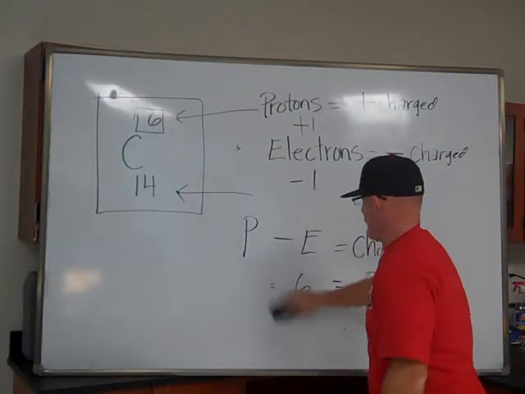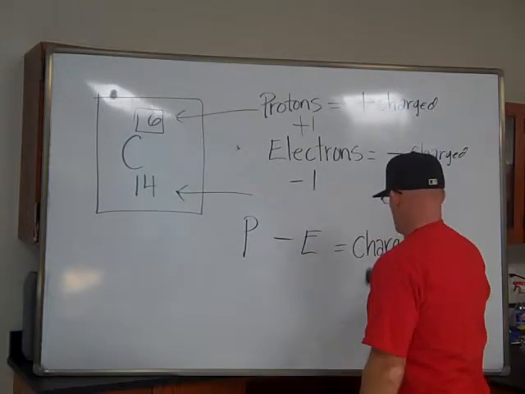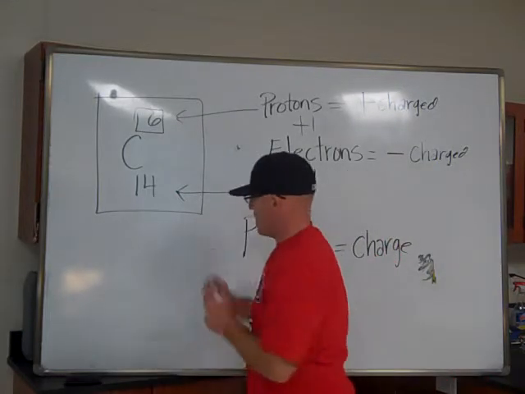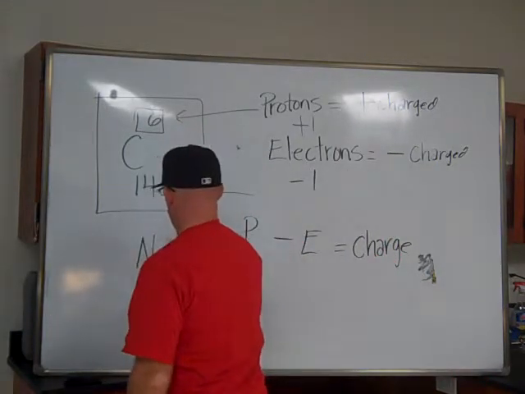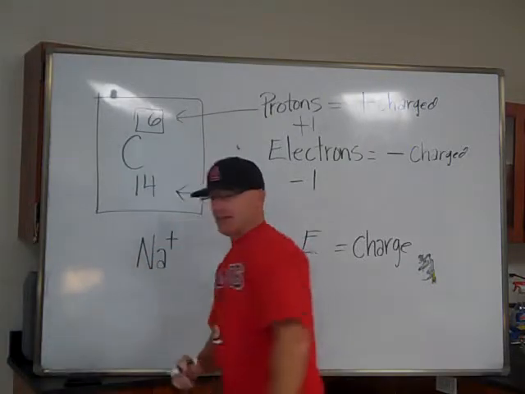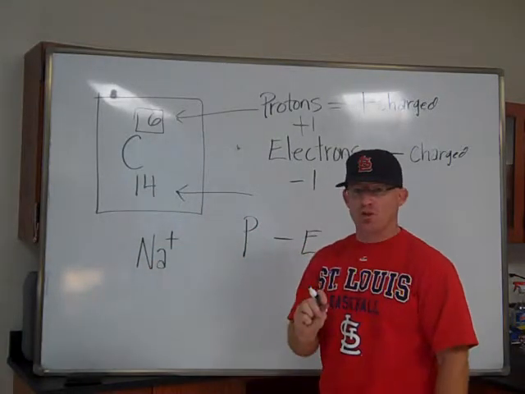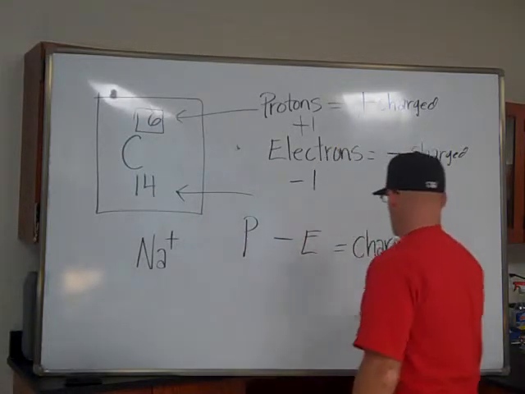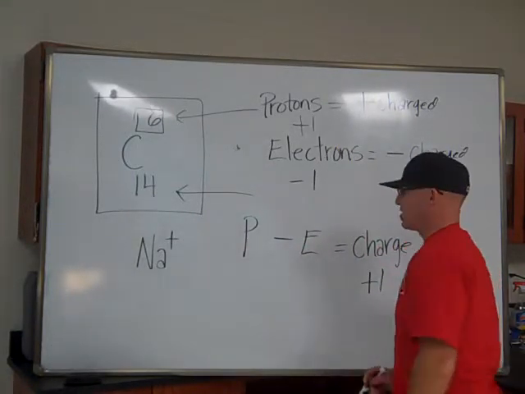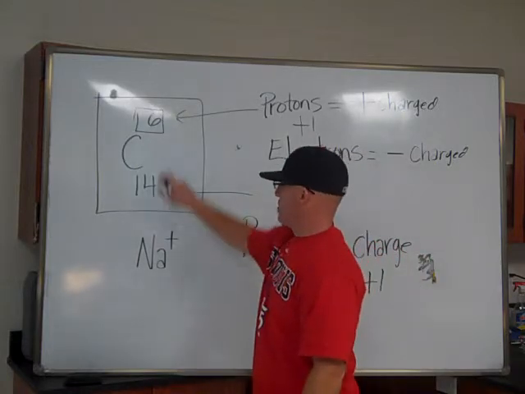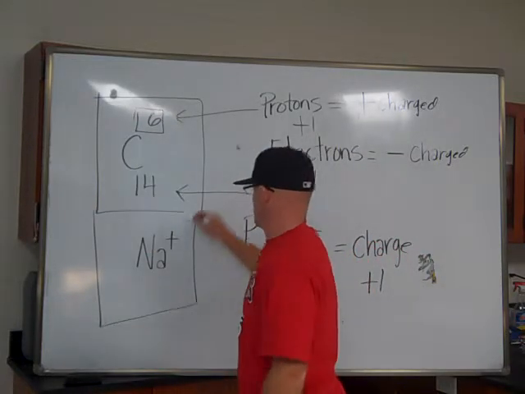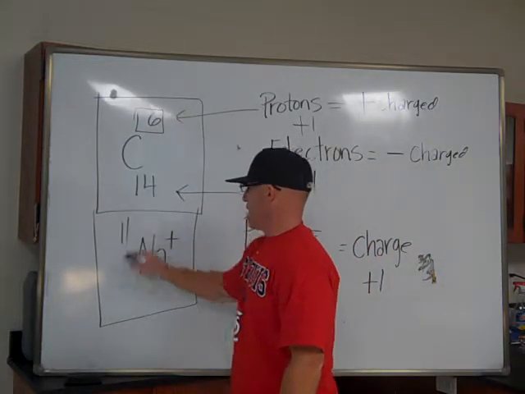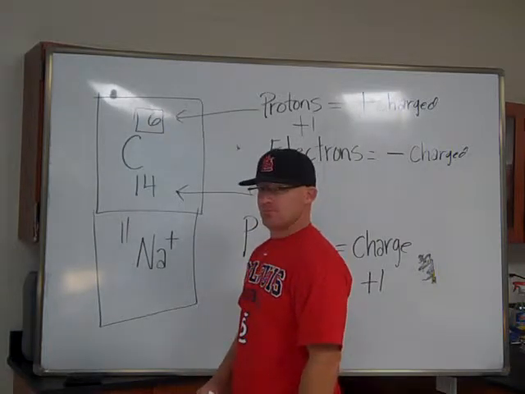Okay? Now, however, what if I am talking about this right here? Sodium. And it's got a positive by it. That means it has a +1 charge. That's what that plus means, +1. That means to get over here, I need a +1 charge. Now, if this was sodium on the periodic table, okay, sodium has an atomic number of 11.